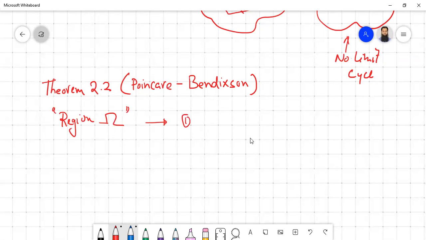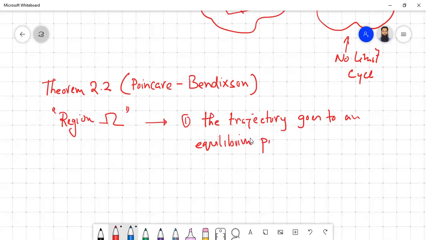Number one: the trajectory goes to an equilibrium point. Otherwise, the trajectory tends to an asymptotically stable limit cycle.